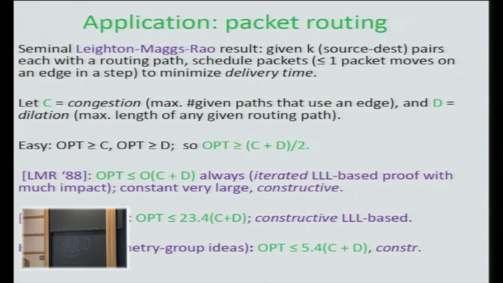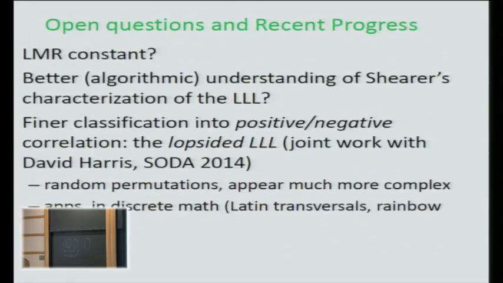So LMR, their constant was very large, and there's been steady progress, and what we are able to show is an upper bound, also constructive, of 5.4 times C plus D. Okay. Now to conclude, again with my student Harris, we have some further improvements recently on what is called the lopsided LLL, where you don't just coarse-grain classify the bad events as independent or not, but as whether they're positively or negatively correlated.